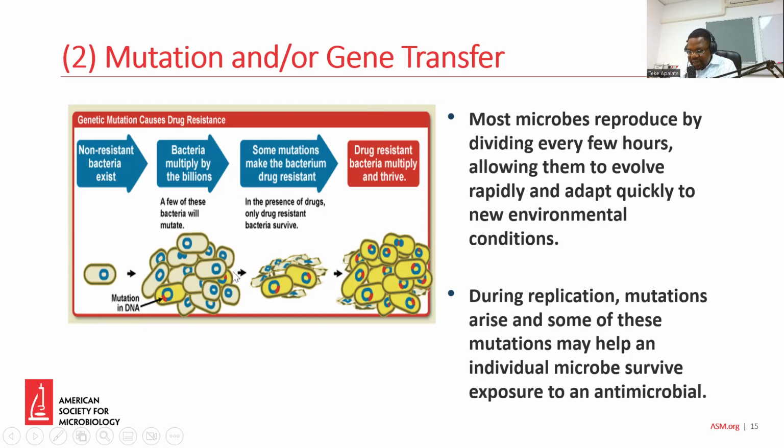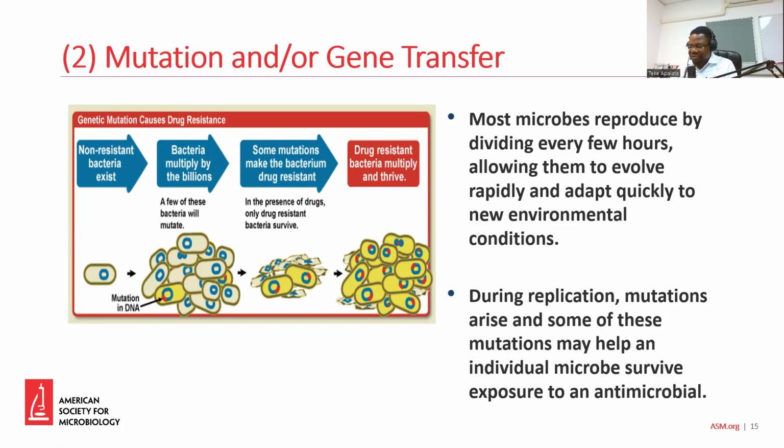You can see another one here that also develops resistance. Then the antibiotic will kill all the susceptible microbial population, and only the resistant ones will remain. Those that have just developed mutation will remain, and they will keep replicating. So we then have only drug-resistant bacteria that keep multiplying. This is the result: development of resistance through mutation.